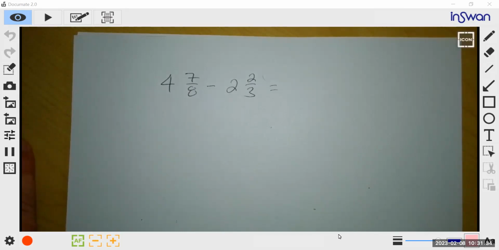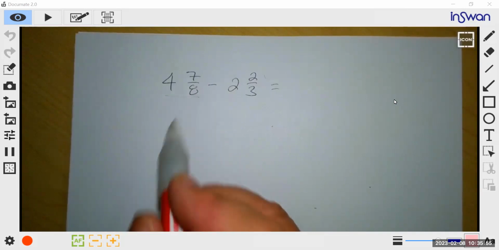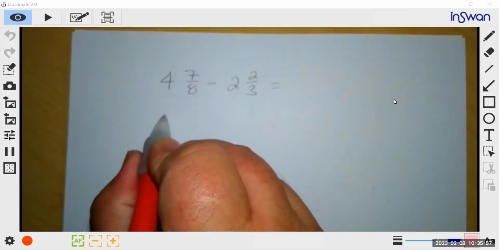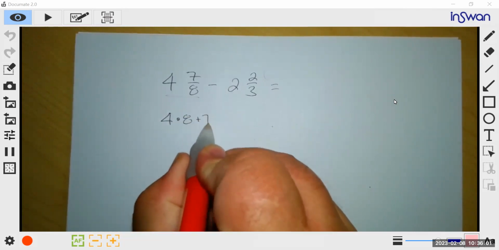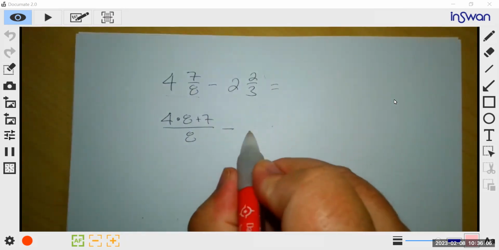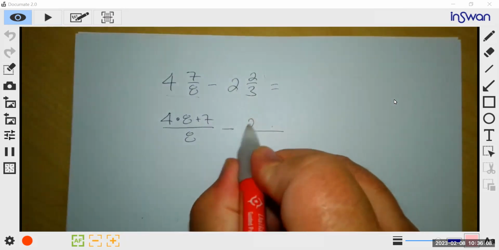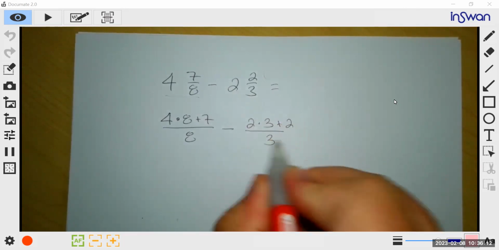Pause this. All right, so let's convert this one from mixed number to improper. It's 4 times 8 plus 7 over 8. And 2 times 3 plus 2 over 3.